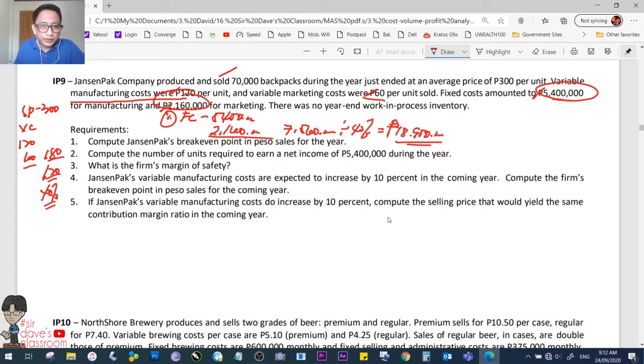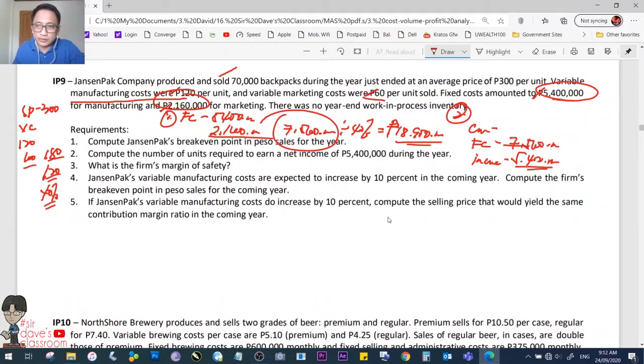Number 2, compute the number of units required to earn a net income of 5,400,000 during the year. So for number 2, we simply employ the CM format income statement. Contribution margin less fixed cost equals income. The desired income is 5,400,000. There are no tax considerations. Our fixed cost has been computed to be 7,560,000.